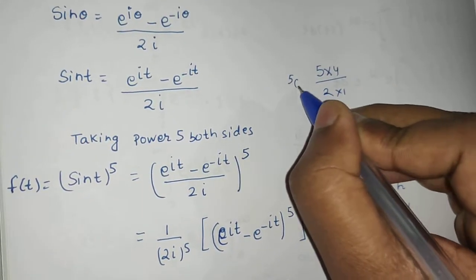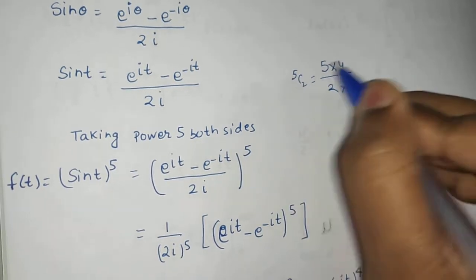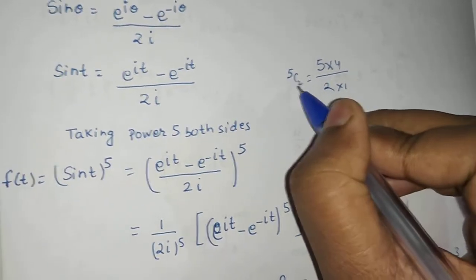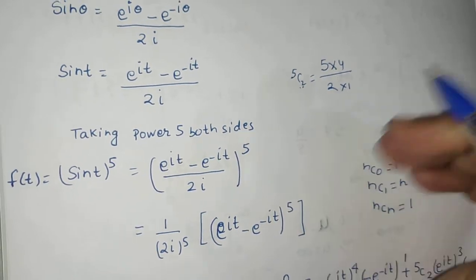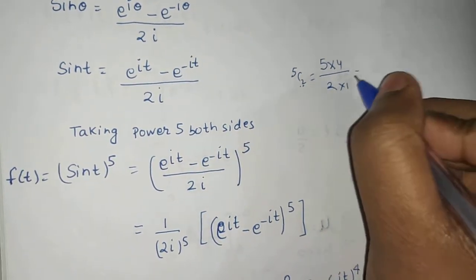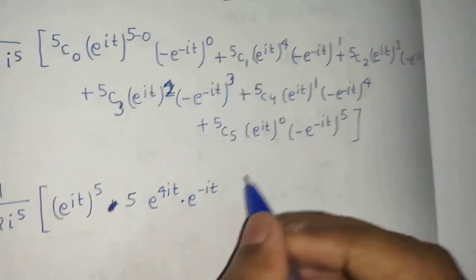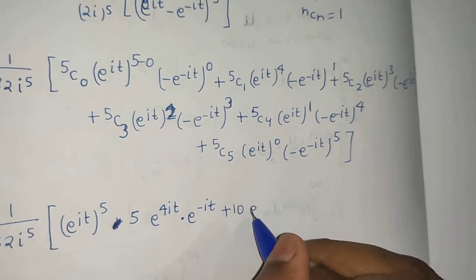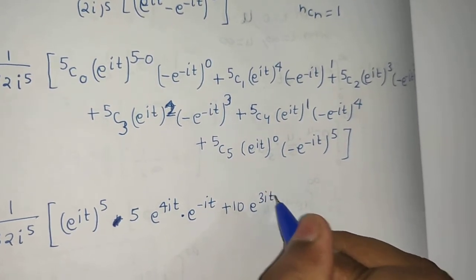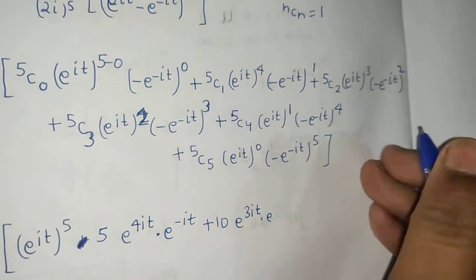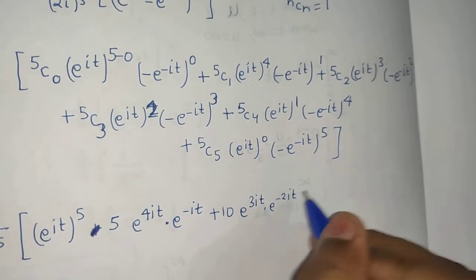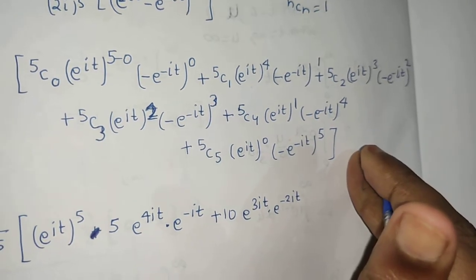How do I find this? Move 2 steps back from 5, divided by, from 2 go till 1. So this is the step. So 20 divided by 2, this is 10. So on the third term, I'm getting 10 multiplied by e power 3 it into e power minus 2 it.